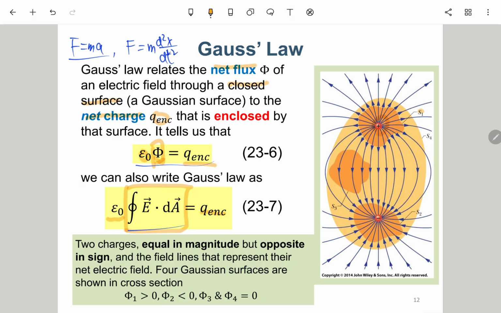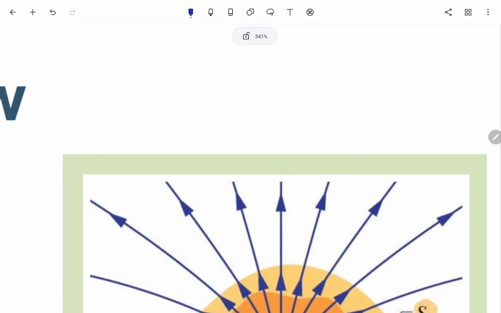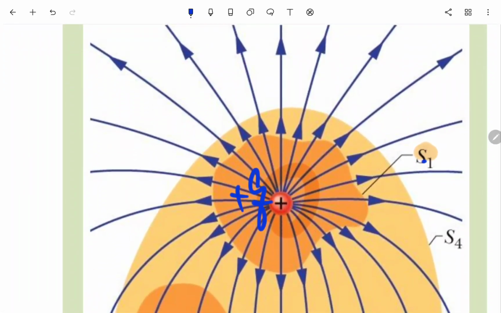One is the positive charge on the top part, and another is a negative charge with the same amount at the bottom part. So we consider this is plus Q, this is negative Q, with the same amount but opposite sign. First of all we try to consider this S1, on the top one.